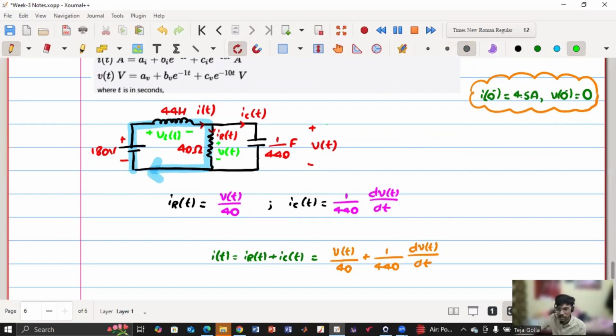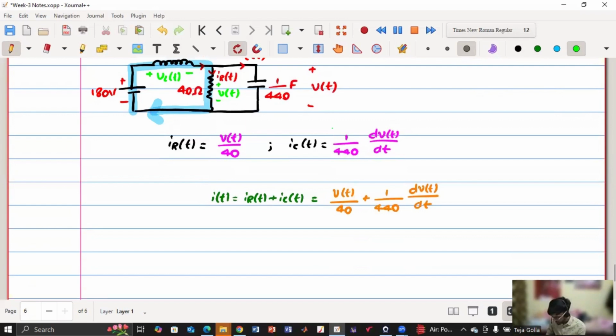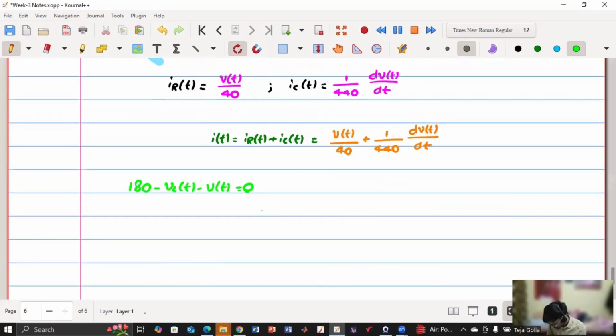What will be the KVL expression in terms of 180, VL of t and V of t? 180 minus VL of t minus V of t is equal to 0. Very good. So taking this to the RHS, I get 180 equal to VL of t plus V of t, right?